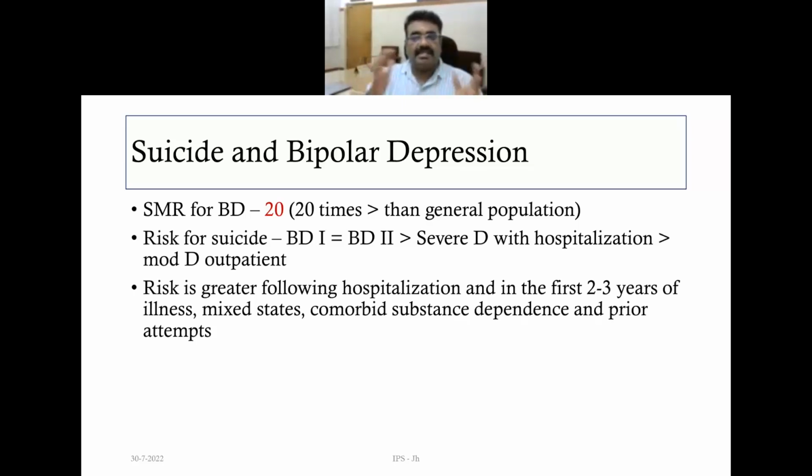So if you can rate the depression, bipolar 1 or 2, severe or moderate, you can have some degree of assessment of suicidal risk. It's more common following hospitalization, in the first 2 to 3 years of illness, in the presence of mixed states, with significant comorbidity and prior attempts.